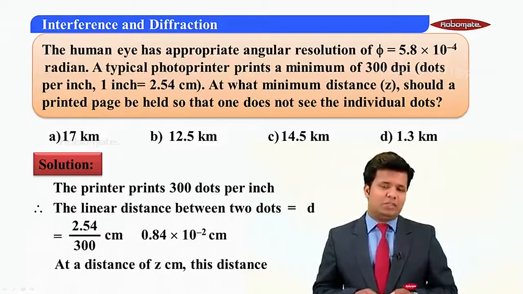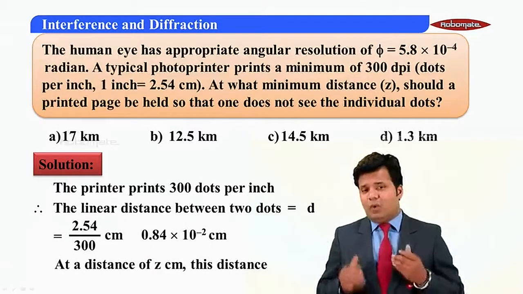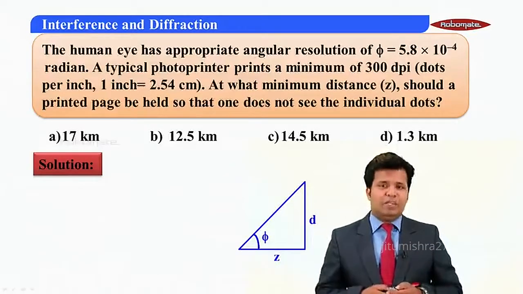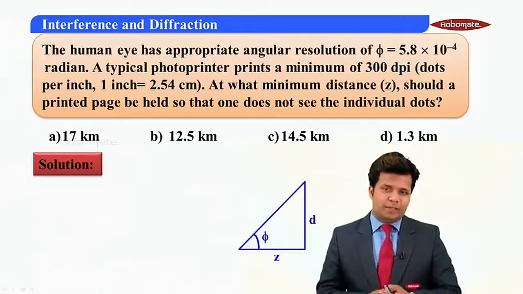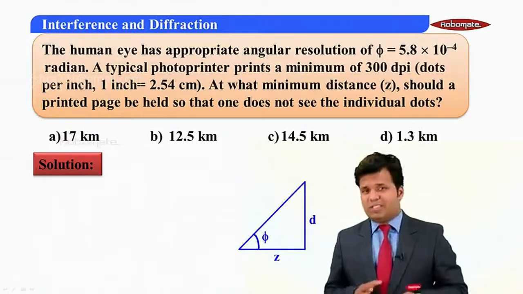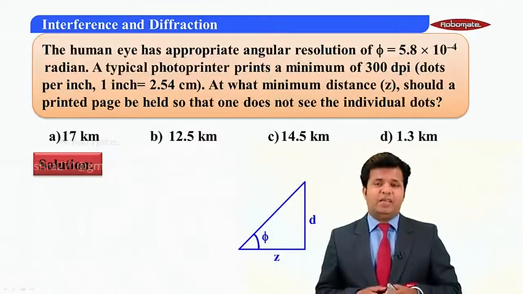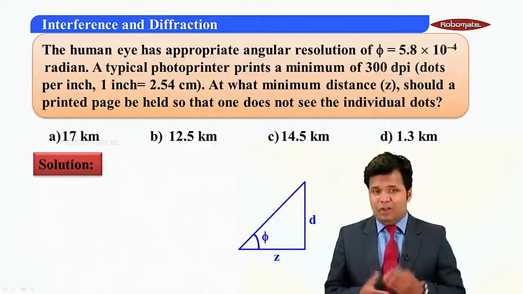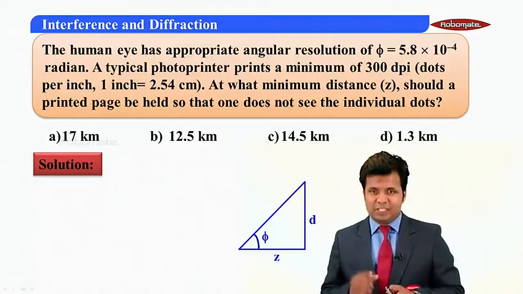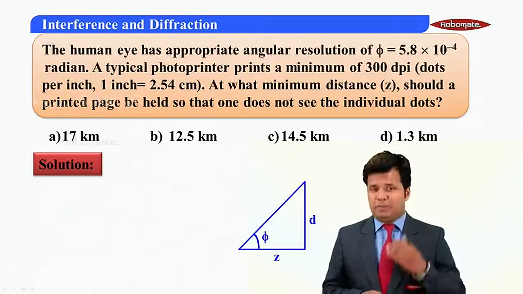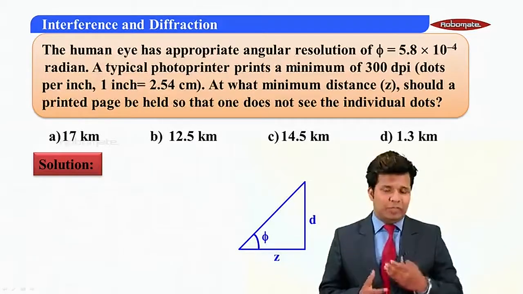This is my distance d, and the distance Z at which the page should be held is determined with the help of this triangle. In this triangle there is an angle phi, which is the angular resolution of the eye, and it has two sides. The opposite side is small d, representing the distance between two points, and there is Z, the distance between the paper and the human being.